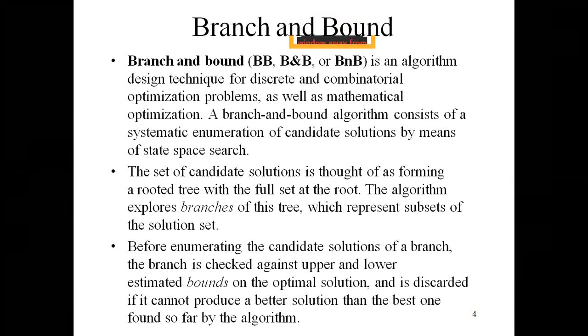So a branch and bound algorithm consists of a systematic enumeration of candidate solutions by means of a state space search. What is a state space search? Here we are using a state space tree. In that, each node is in a state space.